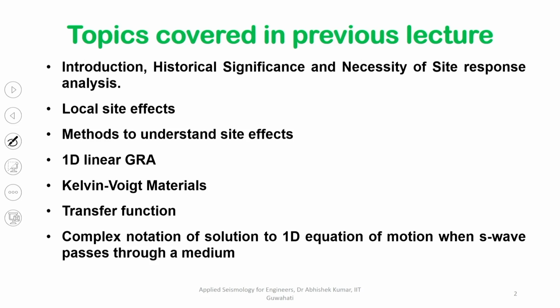Further, we discussed more about theoretical and numerical methods which can be used to quantify local site effect, which take into account the equation of motion as well as the characteristics of input motion.